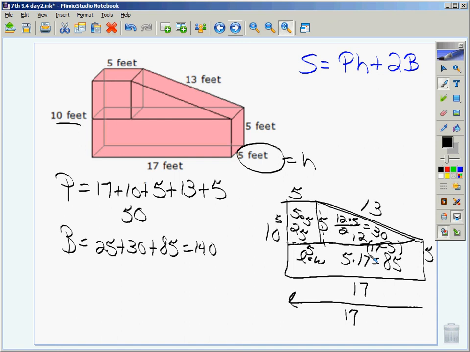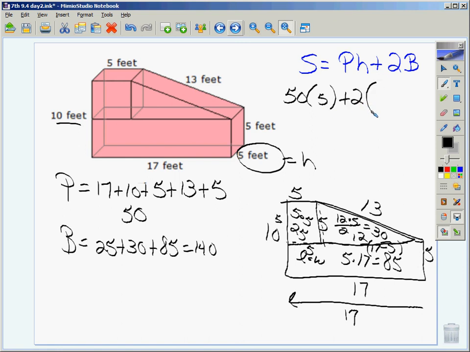Are you okay? What's left? Plug it into the formula. What do I put in place of P? 50. What do I put in place of H? 5.